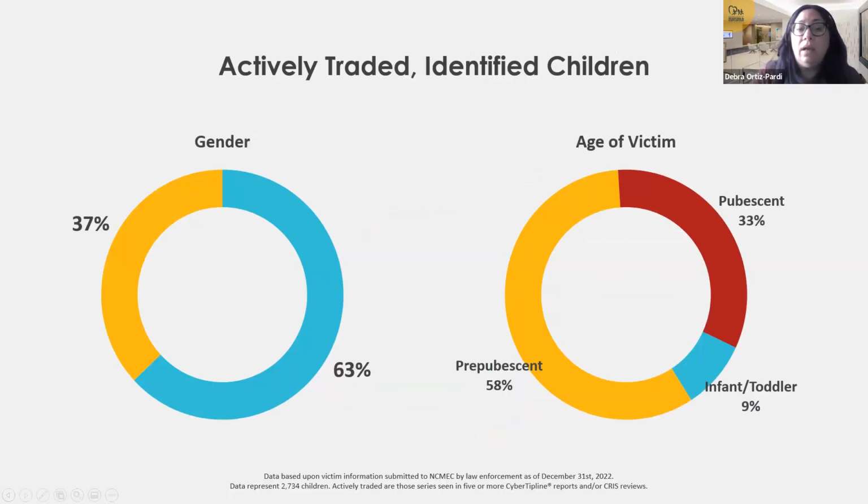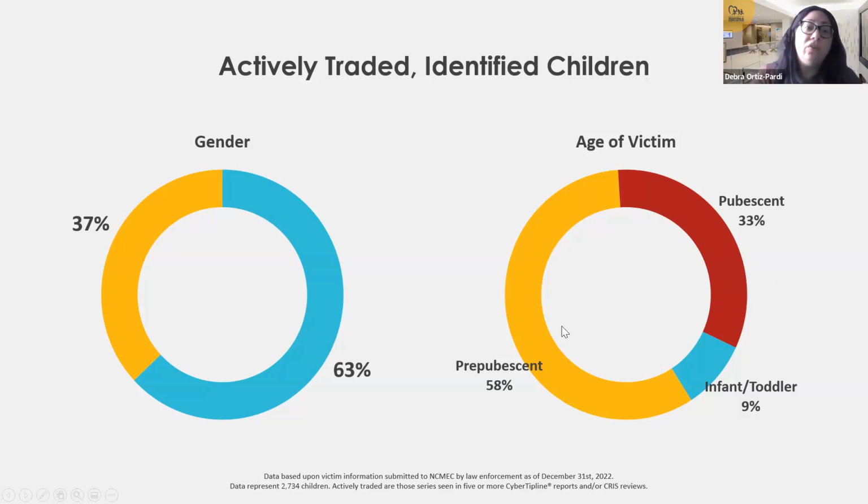This data comes from images where children have been identified, and the series or the group of images and videos have been actively traded, so basically content that has been reported to NCMEC at least 5 times. This shows some additional data around that, but I do want to point out the graphic on the right-hand side of the screen regarding the age of the victims.